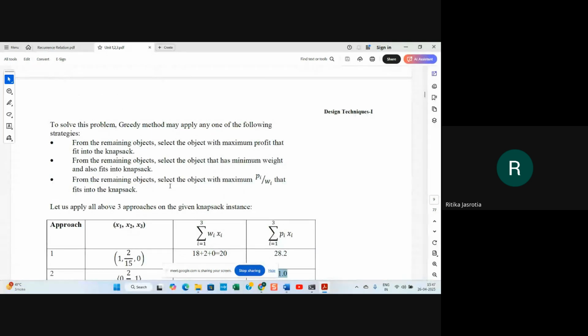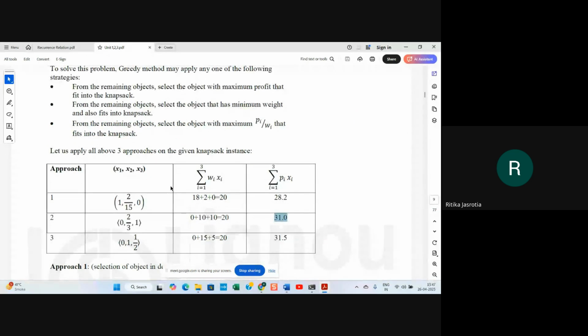And the last option says from the remaining objects, select the object with maximum PI divided by WI, that is profit divided by weight.